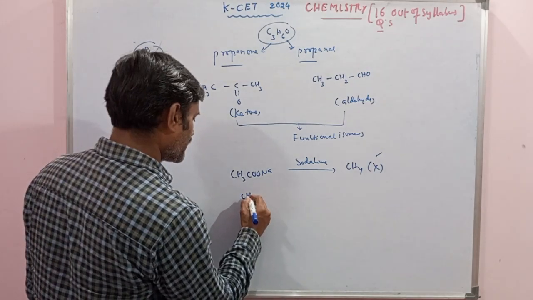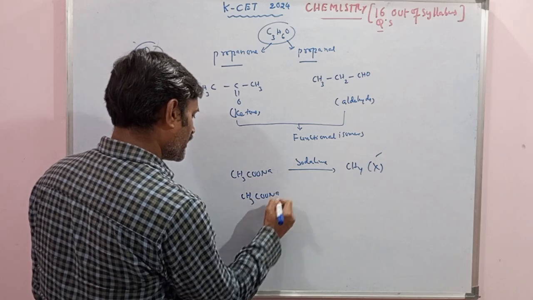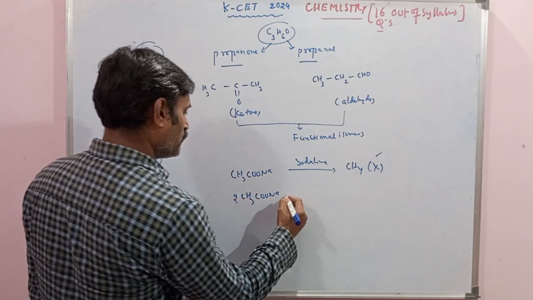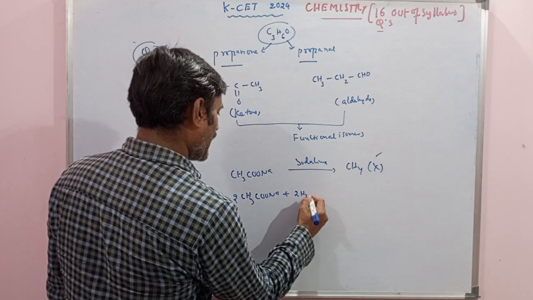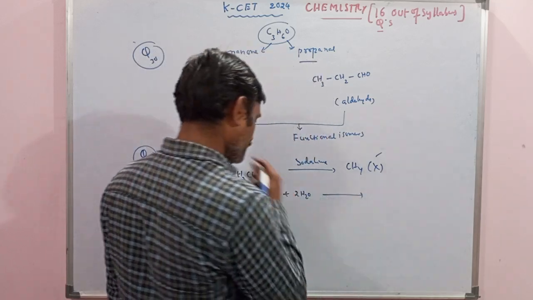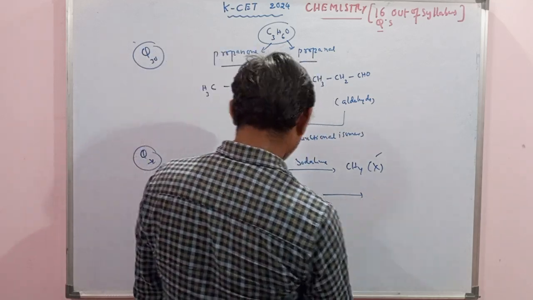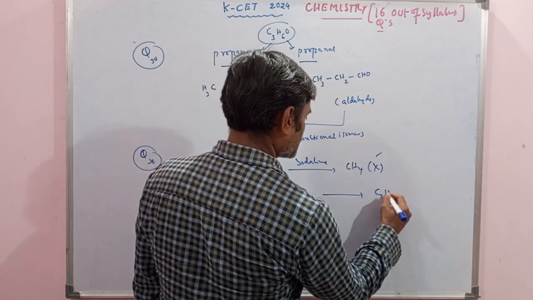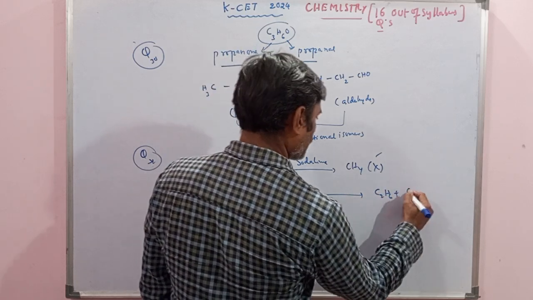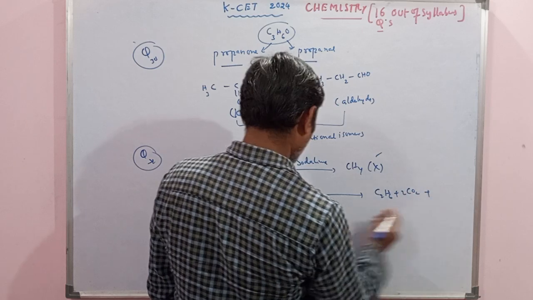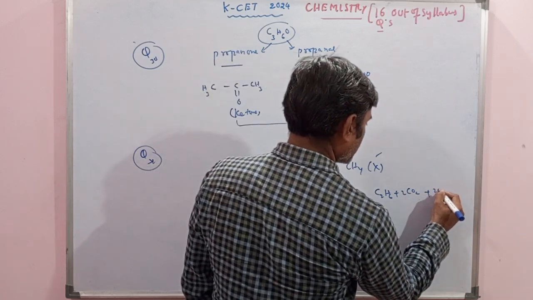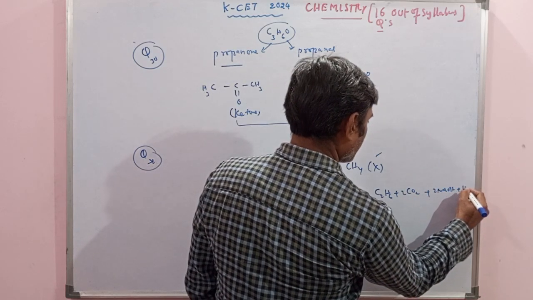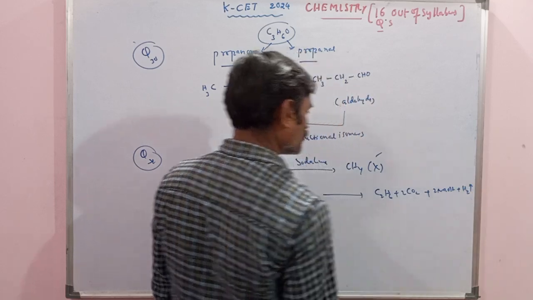Sodium ethanoate is what? CH3COONa. If you take 2 moles of this and do electrolysis, then you will get ethane, that is C2H6, and carbon dioxide is also liberated. At the same time, sodium hydroxide is formed, along with the liberation of hydrogen at the cathode.